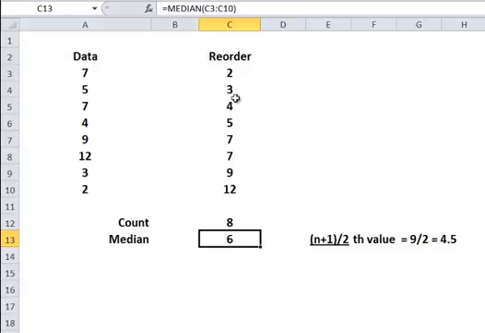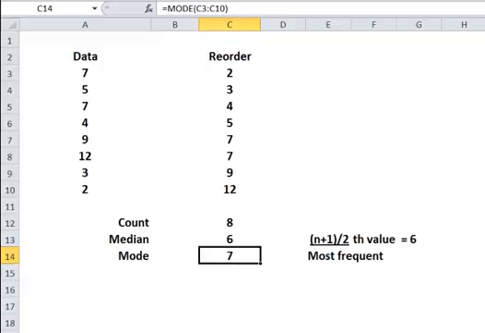So we go down 4. 1, 2, 3, 4. It's in there. The middle number, it's got 4 on either side, so it's just between the 5 and the 7, which is correct. So that's our median.